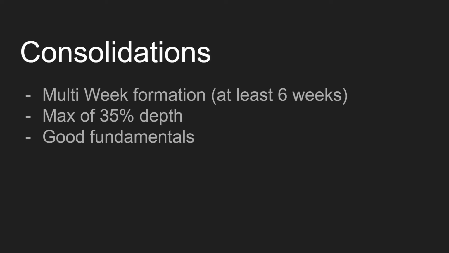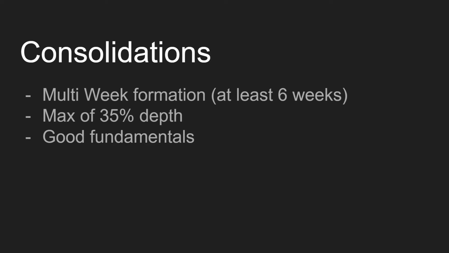So if the price makes a move to $100 and then moves down and starts consolidating, I'm looking for the price to not drop below 65. So basically 65 is the limit that I'll be trading. I'll be looking at this formation as something that is okay to trade. So the price should go from 100 no lower than 65. This is 35% depth, and good fundamentals.